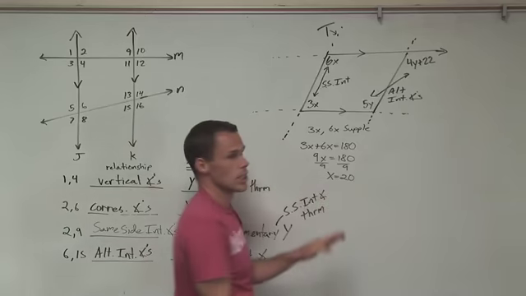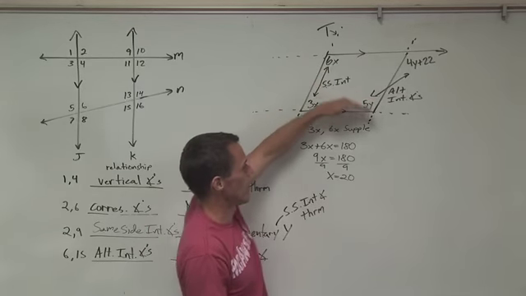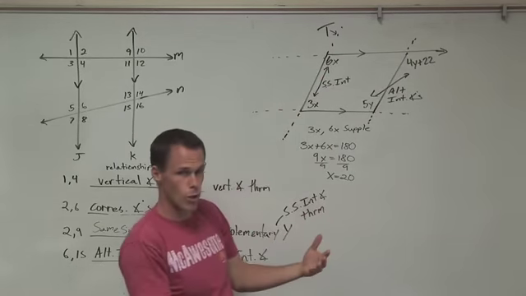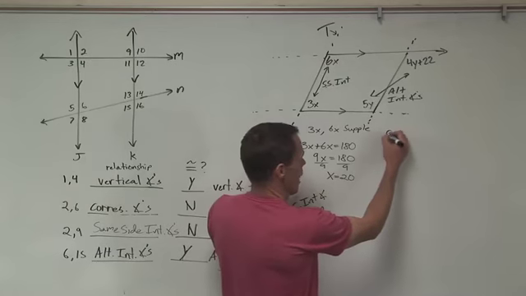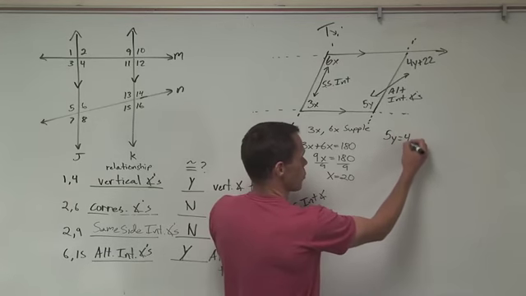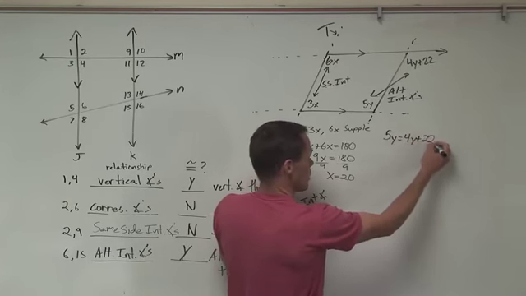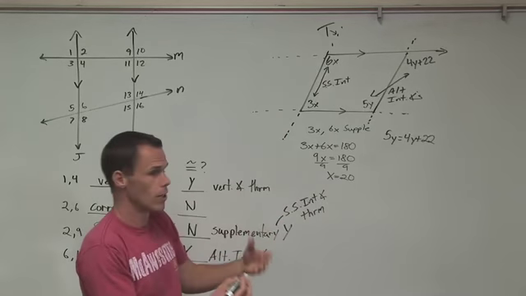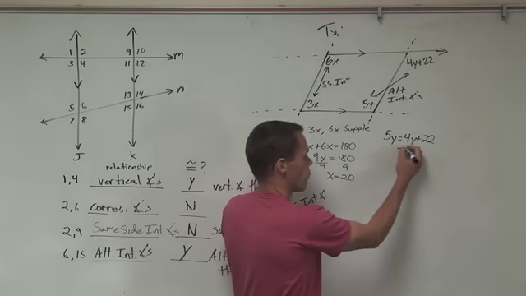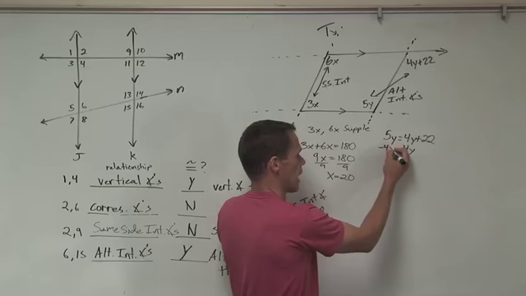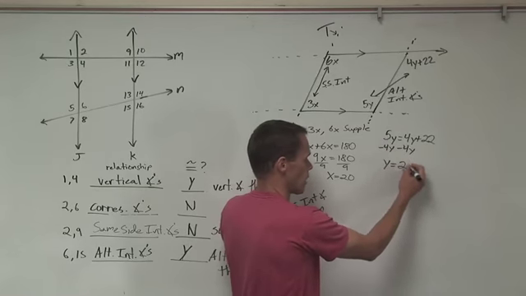Now, these alternate interior angles touching the parallel lines mean that they are congruent. We can say that 5y is equal to 4y plus 22. They are congruent angles. Subtract the 4y from both sides and we have our answer, y is equal to 22.